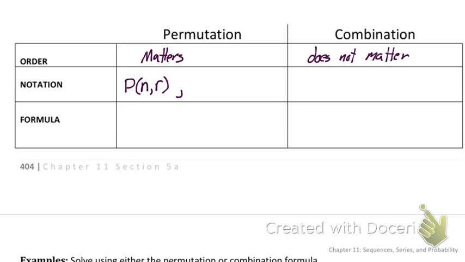The other way you may see it put is nPr, where our pool's first and how many we pick is after. And in fact, this is a button on your calculator. If you press your math button and you go to your probability section, you can actually calculate permutations with your calculator.